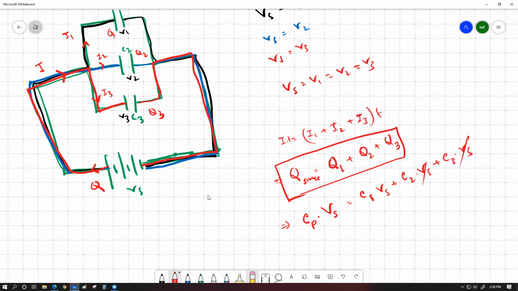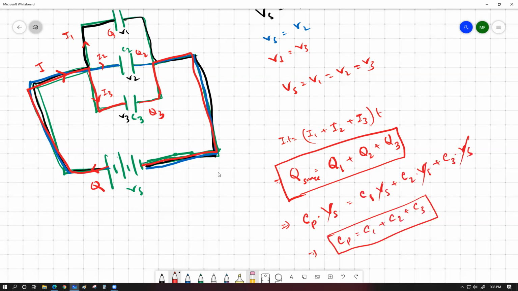We can cross out all the supply voltages from all sides because they are in multiplication form, so we get that the equivalent capacitance for a parallel combination is given by the addition of the capacitances of all the individual capacitors in the branches. So this is the interesting formula that we have. The formulas are exactly opposite to what we learned for the series combination.